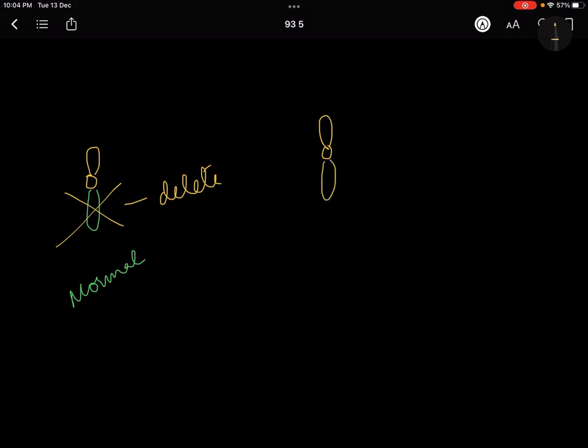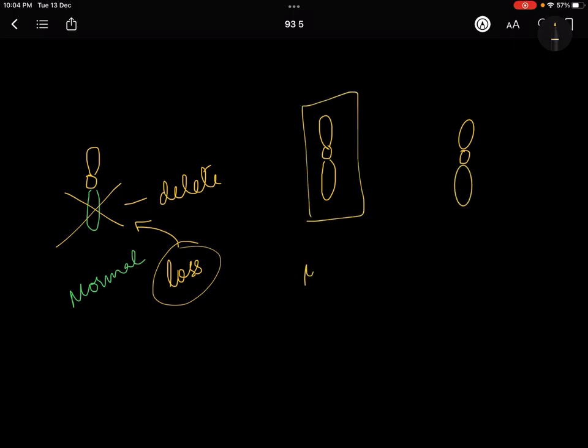So there is loss of one arm, the green one, and duplication of the other, and then it gets attached in the inverted manner. That means yellow was like this, it should have been like this, but now it has duplicated and put itself like this also, right?